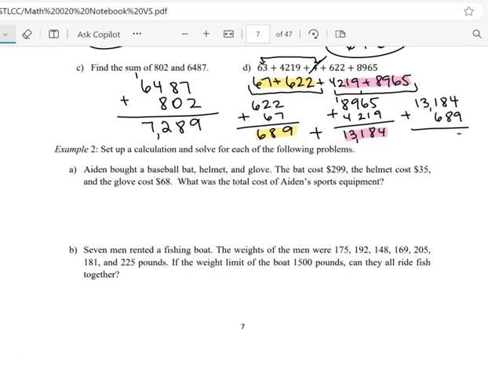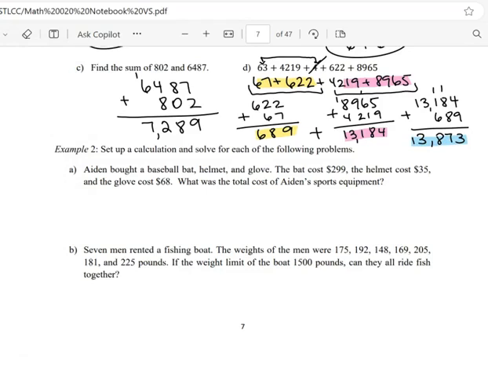So 4 plus 9 is 13. So 1 up. 8 plus 8, 16, another 1 is a 17. 1 up. 1 plus 1 plus 6 is an 8. And then 13 does not have anything underneath there. So your final answer is right here: 13,873.